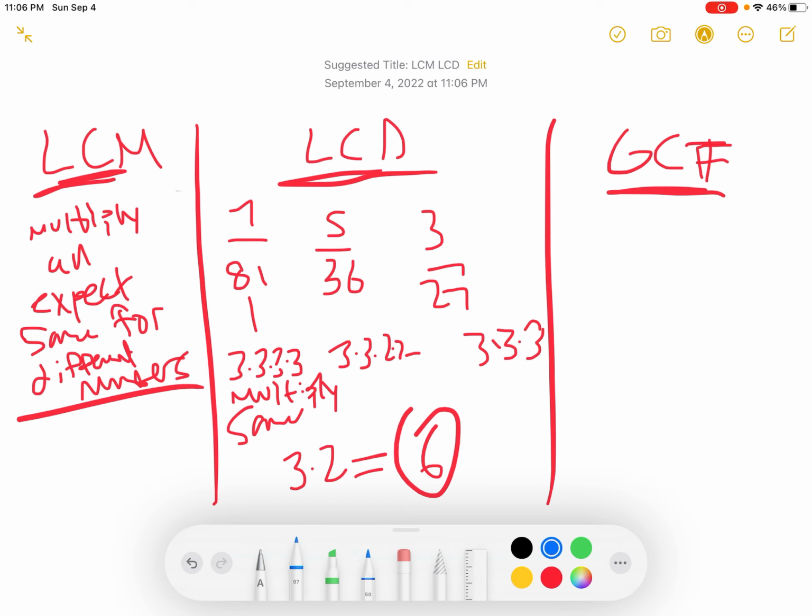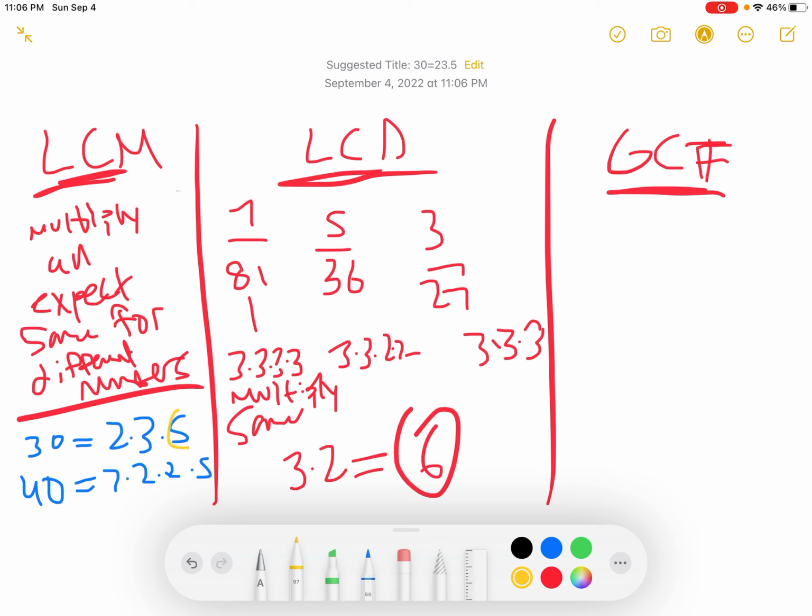Let's say we had 30 and 40. When we're breaking these apart, you still have to break them apart. So 30 breaks apart into 2 times 3 times 5. 40 breaks apart into 2 times 2 times 2 times 5. So we would need to multiply all except for the same for different numbers.